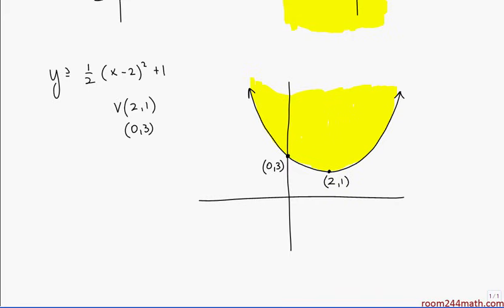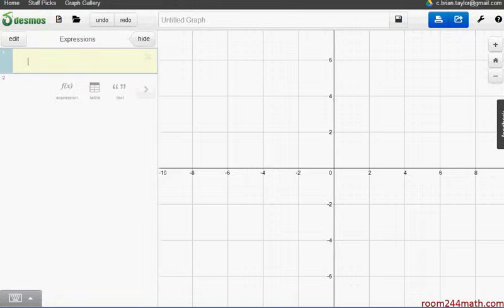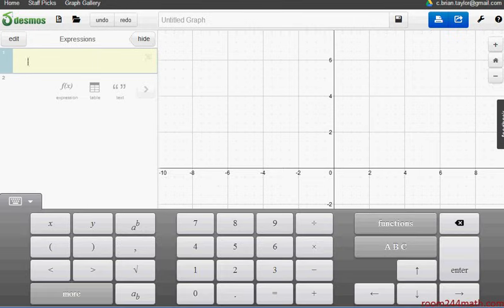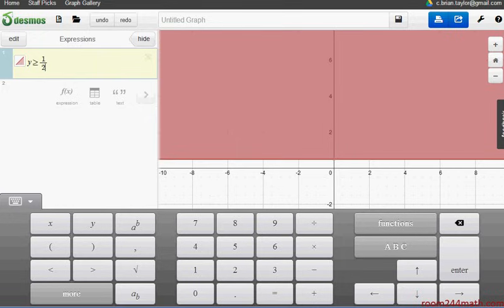Now, of course, if you ever get stuck, and even if you're not stuck, you just want to explore, you should definitely try some graphing software. And I recommend Desmos. Let's see how that last one would look if we plug it in. So y is greater than or equal to a half, 1 divided by 2.